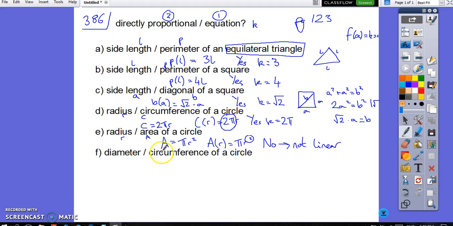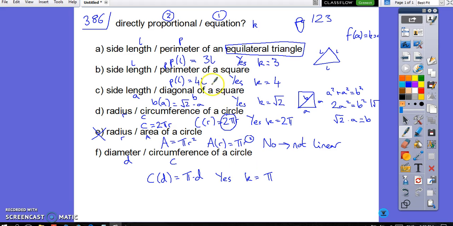Then I have the diameter by the circumference of the circle. So these would be related as C of D is equal to pi times D. So again, yes, my factor of proportion is pi. So actually there's only one that's not a linear relationship and therefore not a directly proportional relationship. The rest of them are.